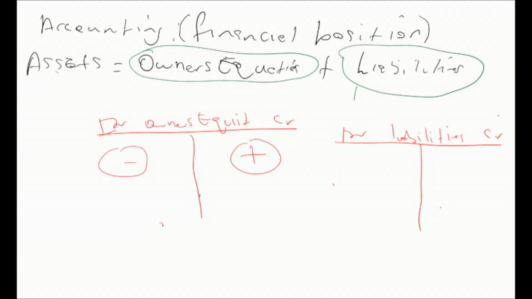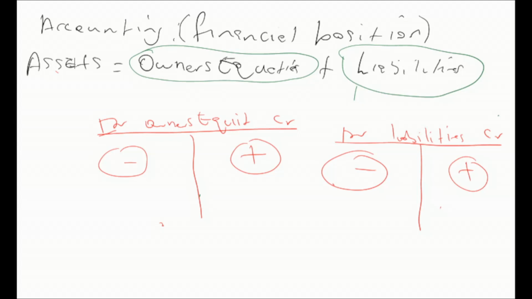All liabilities increase on the credit side and decrease on the debit side. So both owner's equity and liabilities increase on the credit side but decrease on the debit side. So all types of liabilities and all types of owner's equity increase on the credit side but decrease on what side?